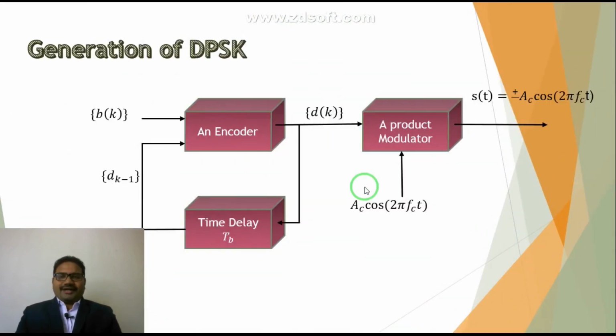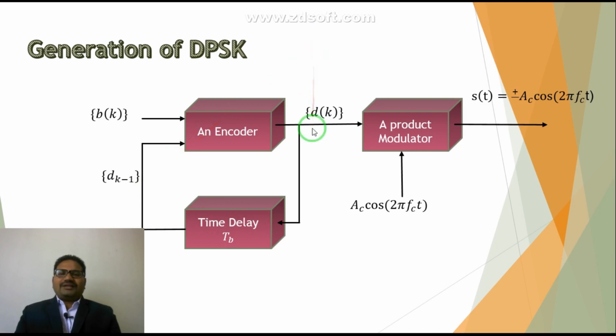This is the block diagram of DPSK. As you can see in this figure on the screen, first it consists of an encoder. The encoder has two inputs, b(k) and d(k-1). The output of this encoder is called d(k), that is the encoded output. If this encoded output is delayed by a period of Tb, then its output is given by d(k-1), because it is delayed by one unit Tb.